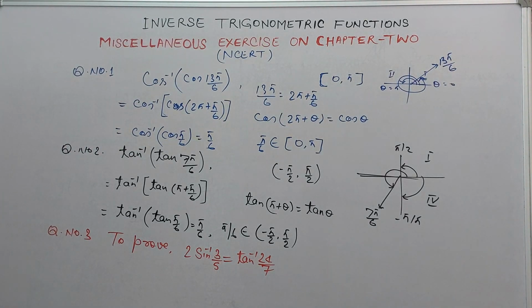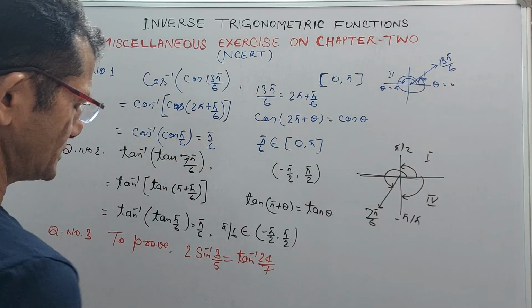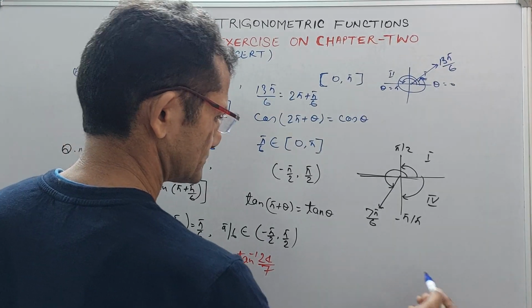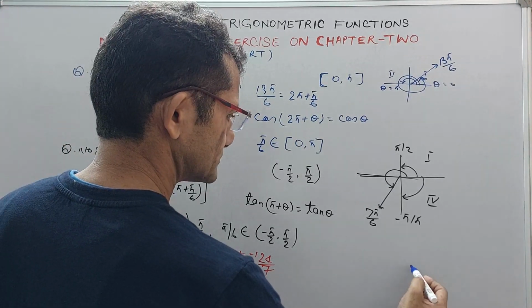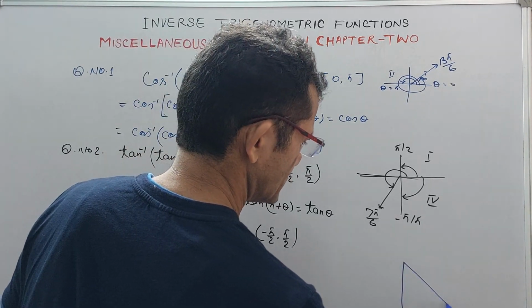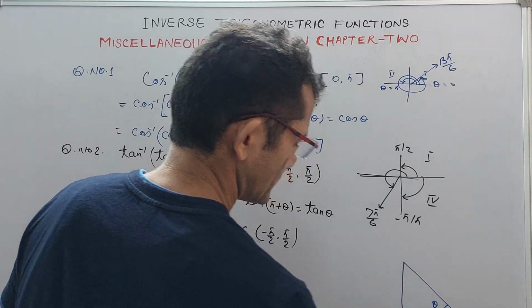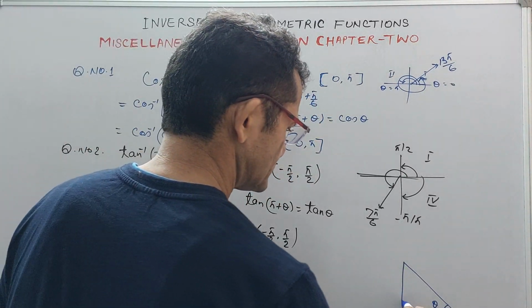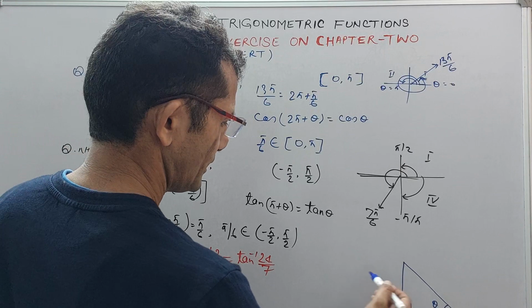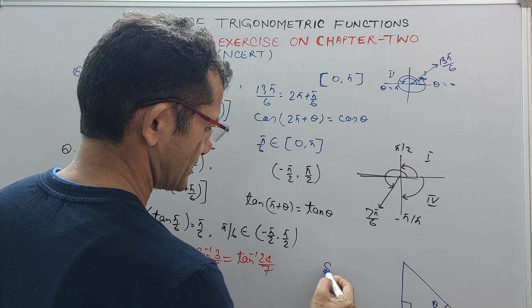So now this is our formula. It is very simple, sir. Here we will use triangles. Make a right angle triangle. This is our angle theta, and just opposite of this is the 90 degrees.